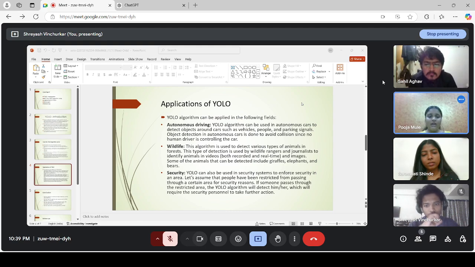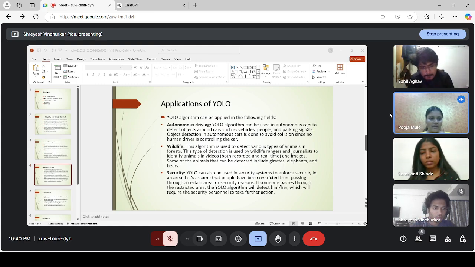The purpose of YOLO in automated cars is to stop or slow down for anything that blocks the car, following the traffic rules based on the detected signs.